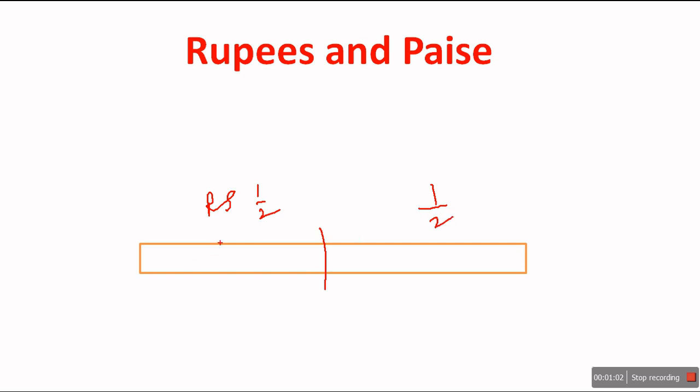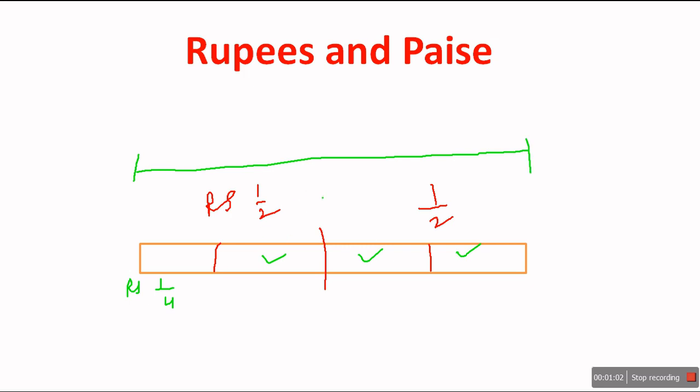If I further divide this into half, this is quarter rupee and this is also quarter. So 1 rupee has 2 half rupees. Rupees 1 is equal to 2 half rupees.